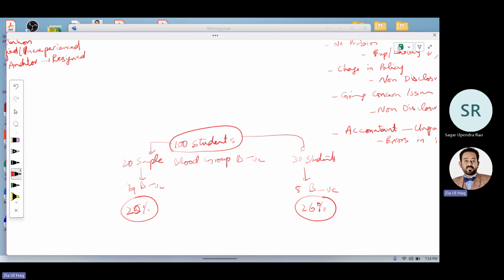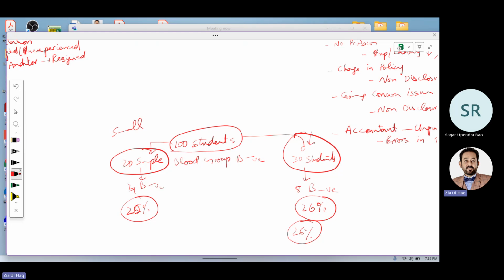We tested the blood group of all 100 students, and the result we obtained was 26%. This means the result of the 30-student sample was accurate, and the 20-student sample was inaccurate. Why? The 20-student sample was small, and due to the small sample, it doesn't have all the characteristics of the complete population.